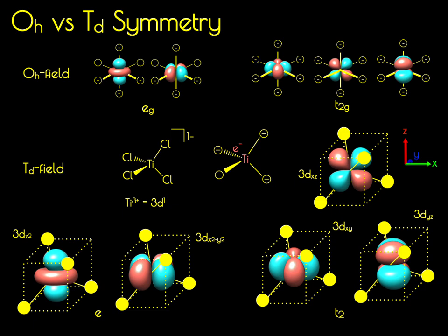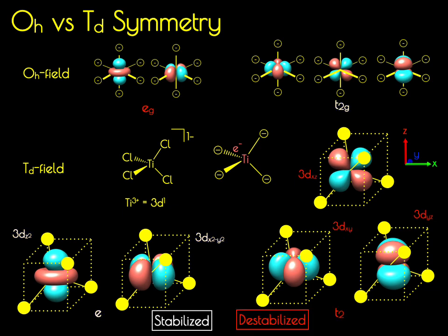Now if we look at this, we notice that although all of those orbitals are off axes, some are oriented more towards those point charges than others. In this case, we find that the e orbitals are more off axis than the T2 orbitals. Therefore, the T2 orbitals will become more destabilized, while the e orbitals will become more stabilized.